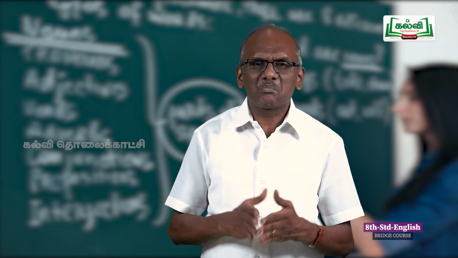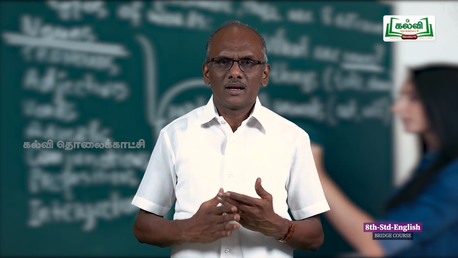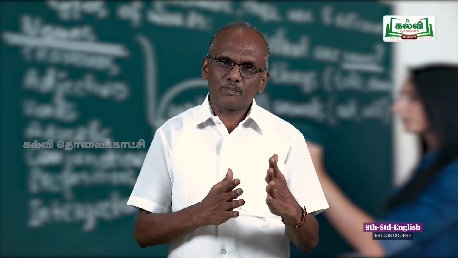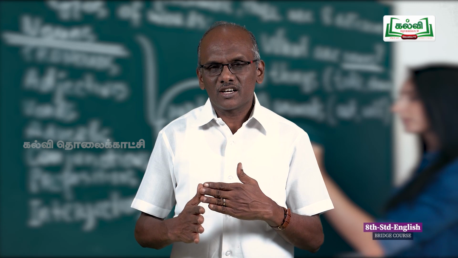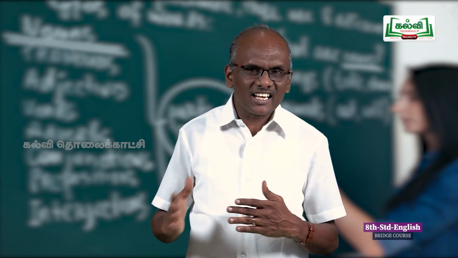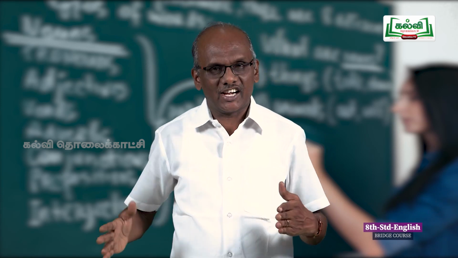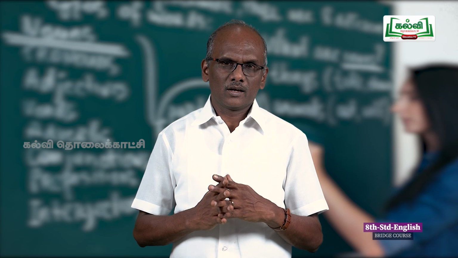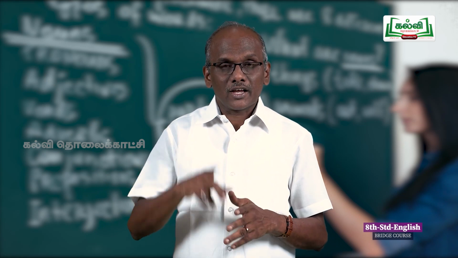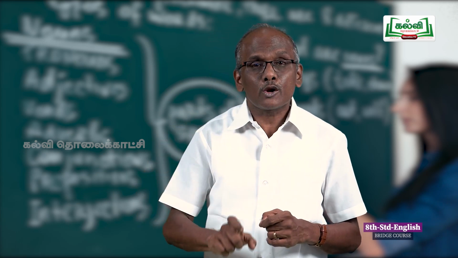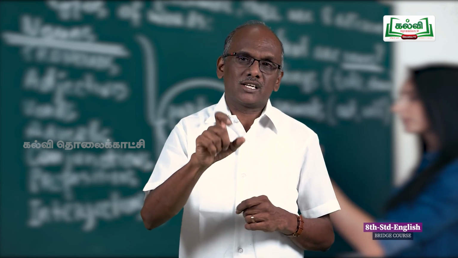Might plus not, mightn't. Could plus not, couldn't. Should plus not, shouldn't. Would plus not, wouldn't. Need plus not, needn't. Dare plus not, daren't. And ought plus not, oughtn't. So students, the contracted forms play a vital role in the question tag.